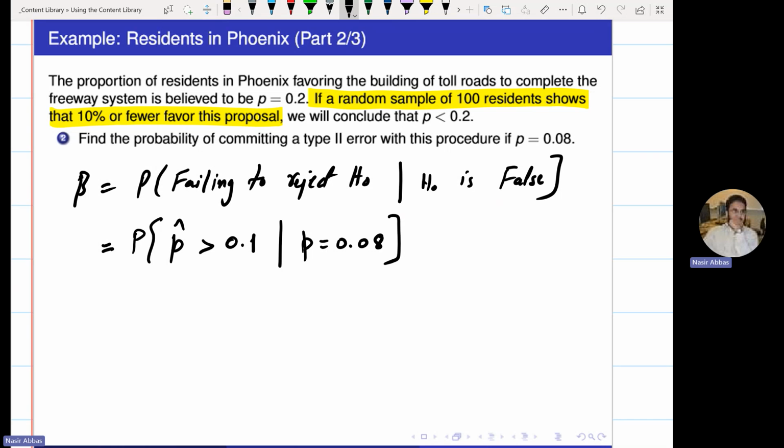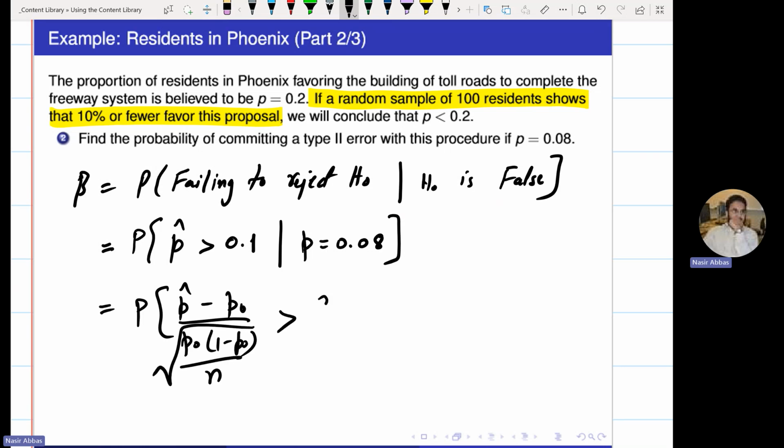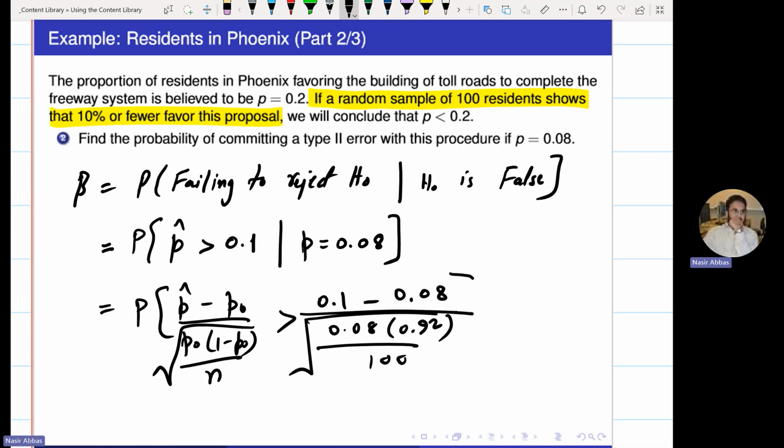So again, transform it to Z. This is the probability of P hat minus P naught over the square root of P naught into 1 minus P naught over n, greater than 0.1 minus 0.08 over the square root of 0.08 into 0.92 over 100. And this is the probability of Z more than the value from the calculator.